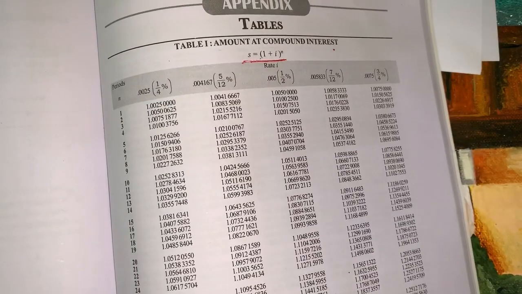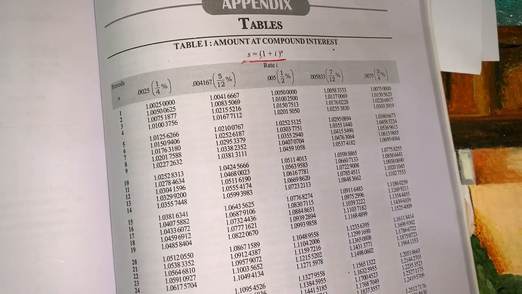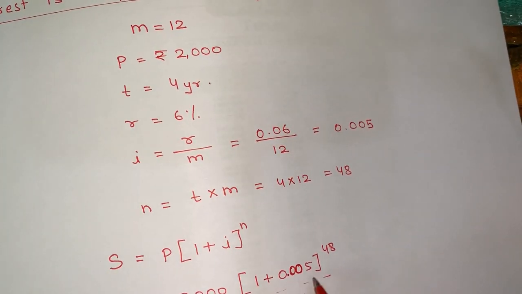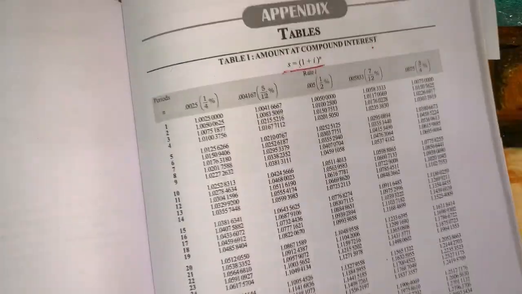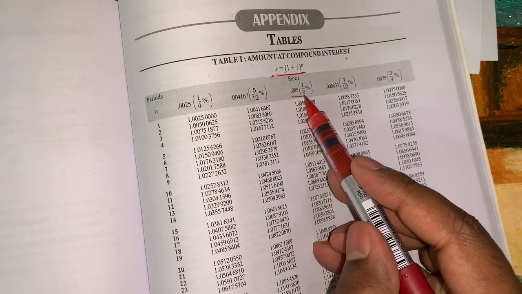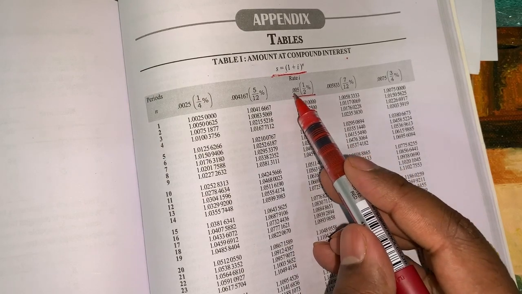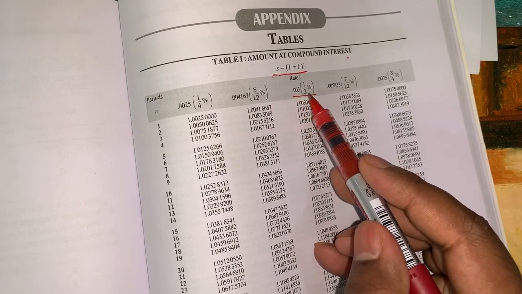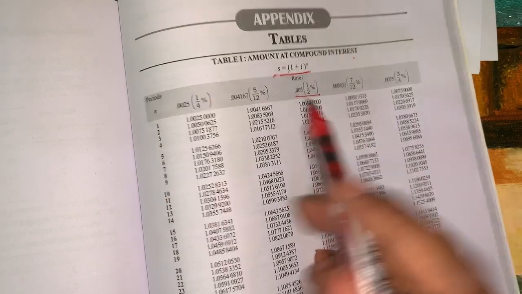So let's find the value 1.005 in the table. Let's search for 0.005 in the table. This is 0.005, which is 0.5%. Now what is my n here?